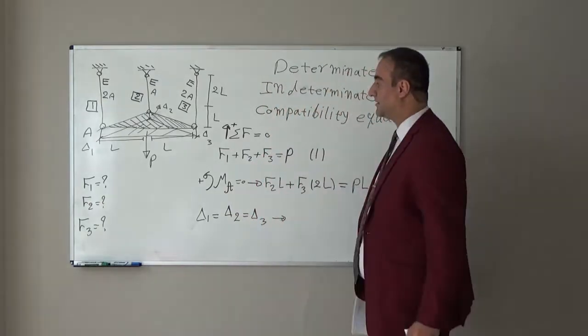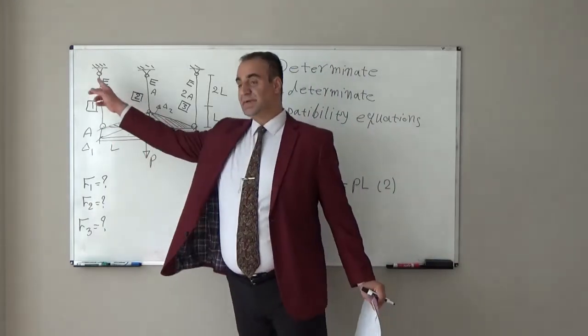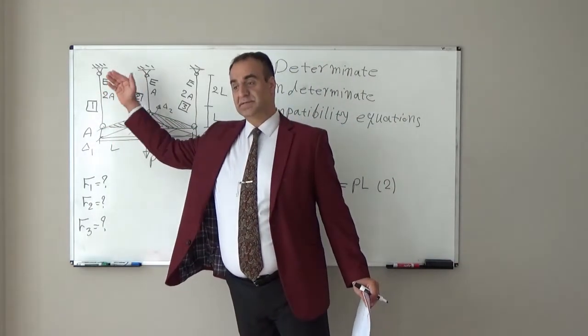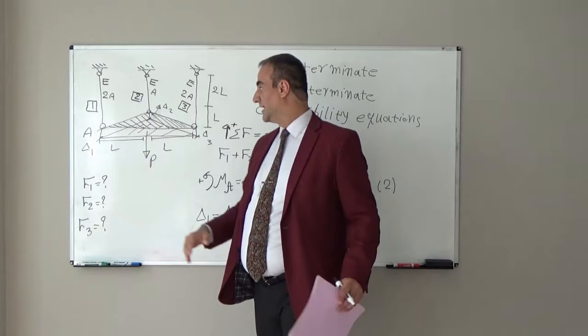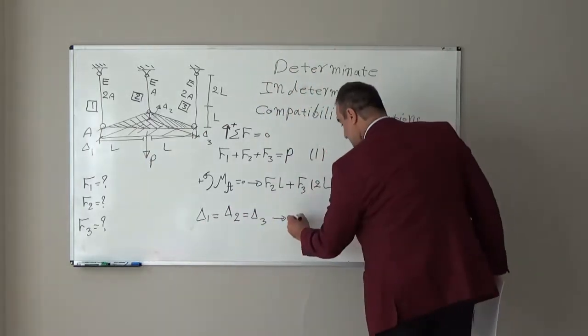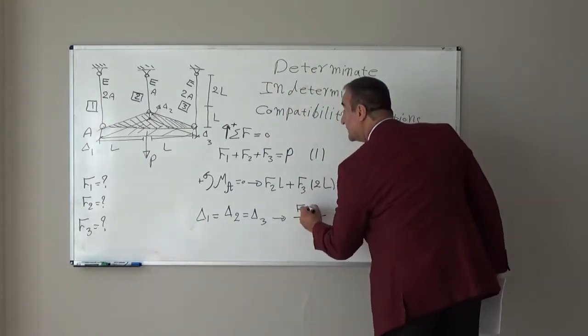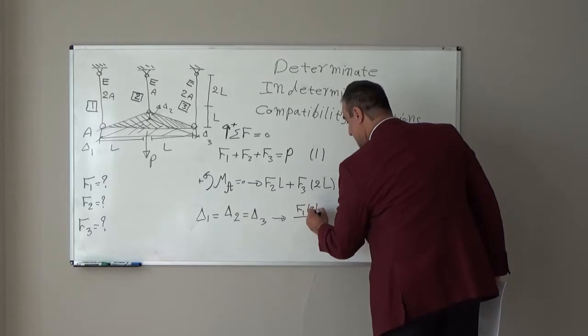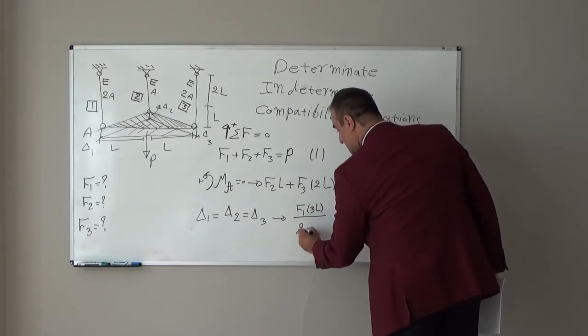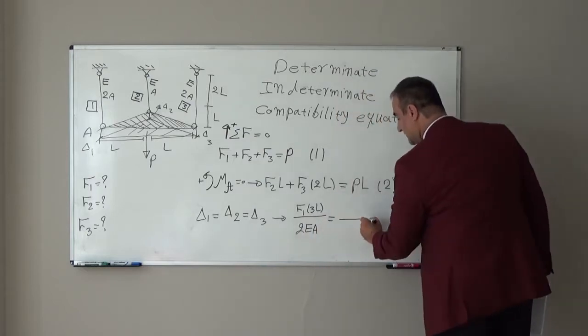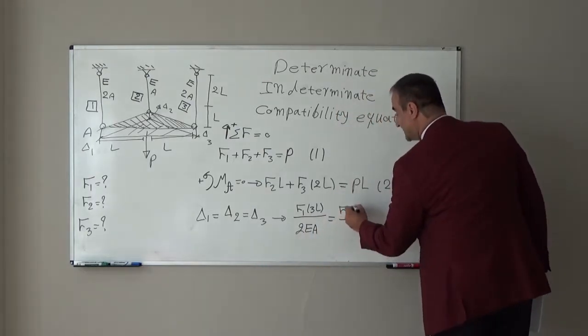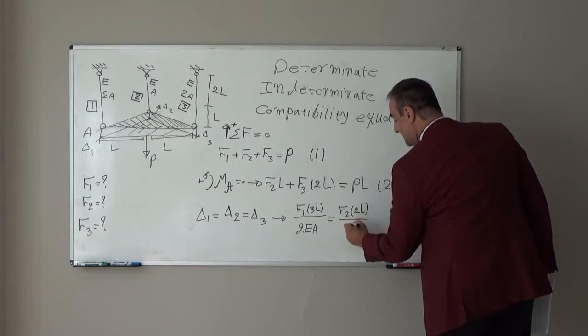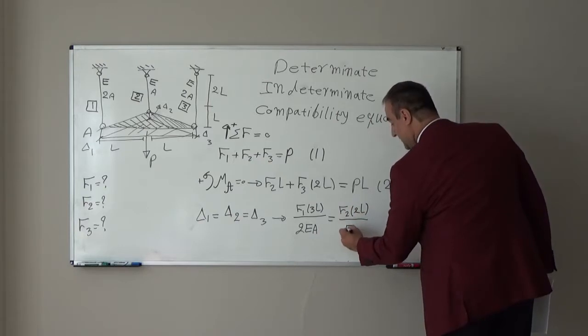What is delta 1? Force in this member times length divided by EA. So it will be F1 times 3L divided by 2EA, which should be equal to F2 times length 2L divided by EA.